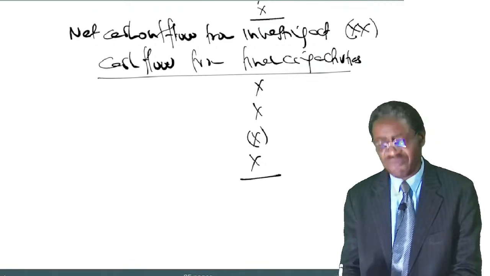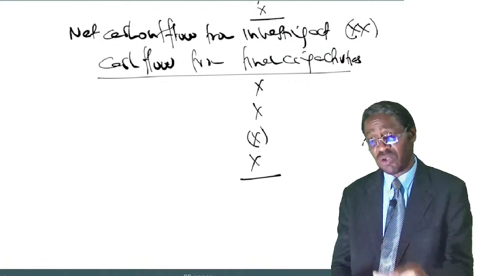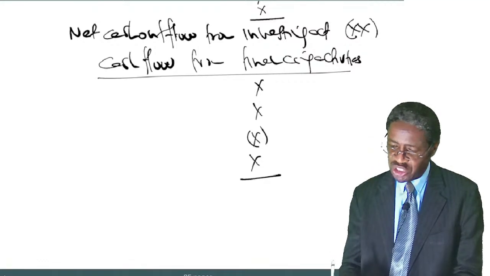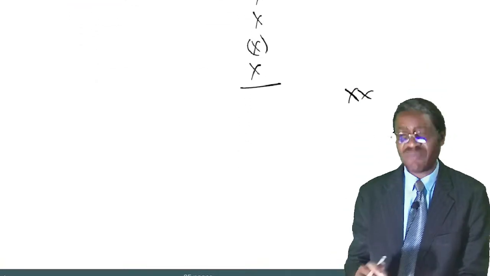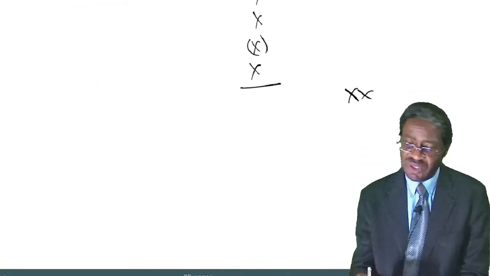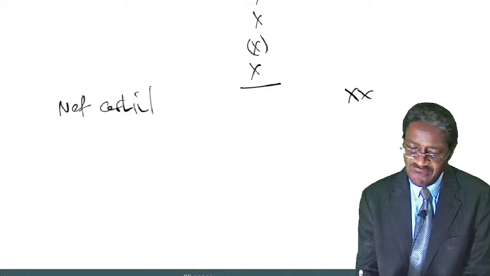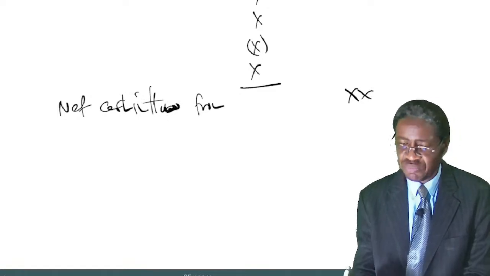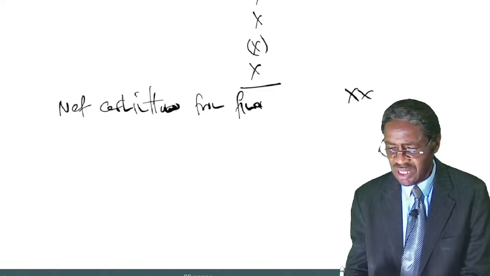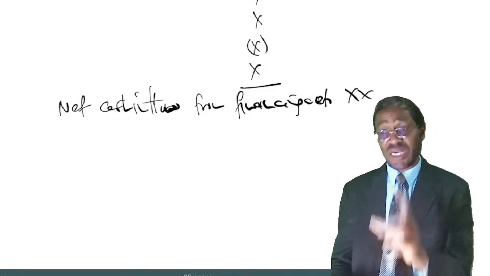Let me assume for now that you got a net overall positive. Push it to the extreme. If it's a positive, you used to call it net cash inflow from financing activities.